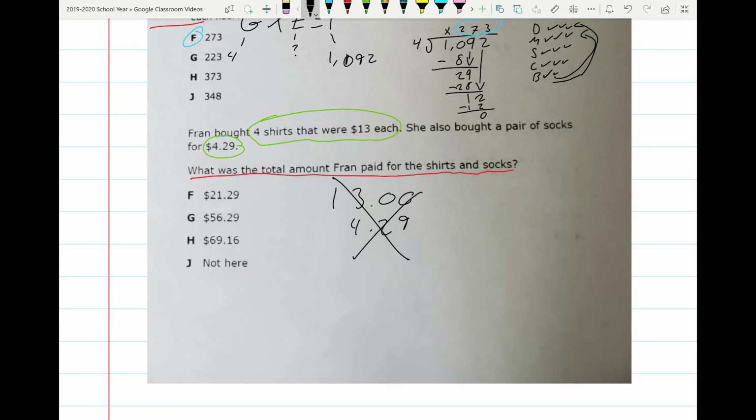So I can either do 13 plus 13 plus 13 plus 13, or I can multiply 13 times 4. 4 times 3 is 12. 4 times 1 is 4 plus 1 is 5. So she paid 52 for shirts.